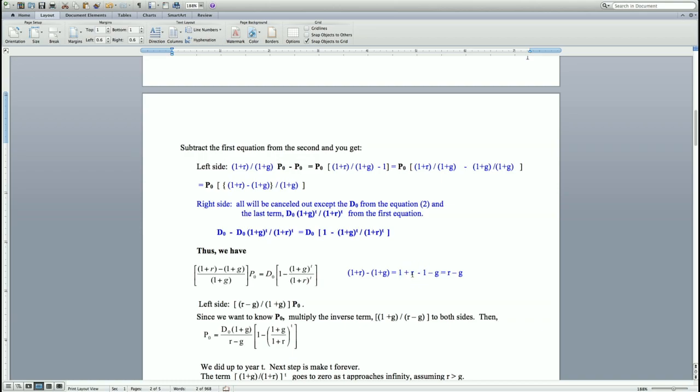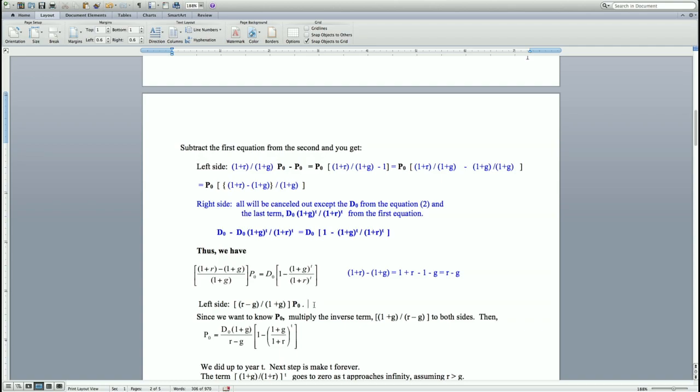Then what is left over is r minus g. So we have r minus g surviving inside the bracket above, the numerator. So now we can rewrite this one. The left side is r minus g over 1 plus g times p0. That's the left side.